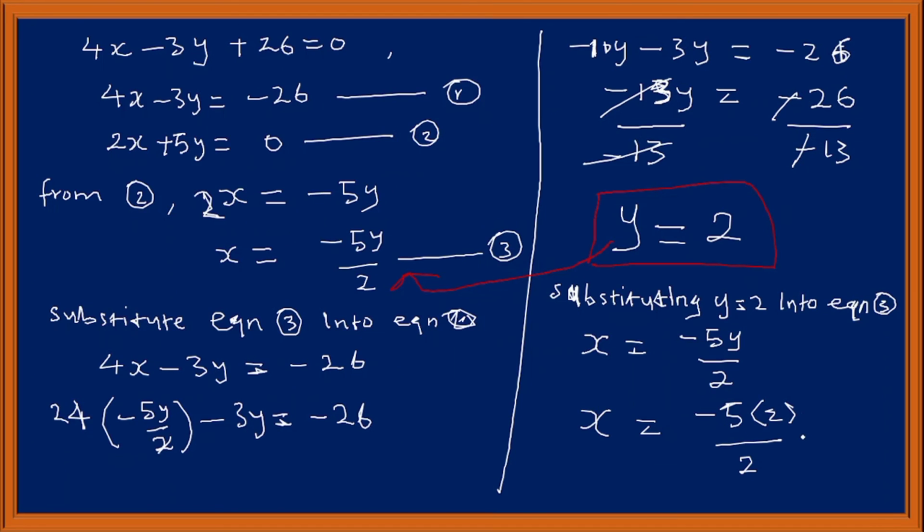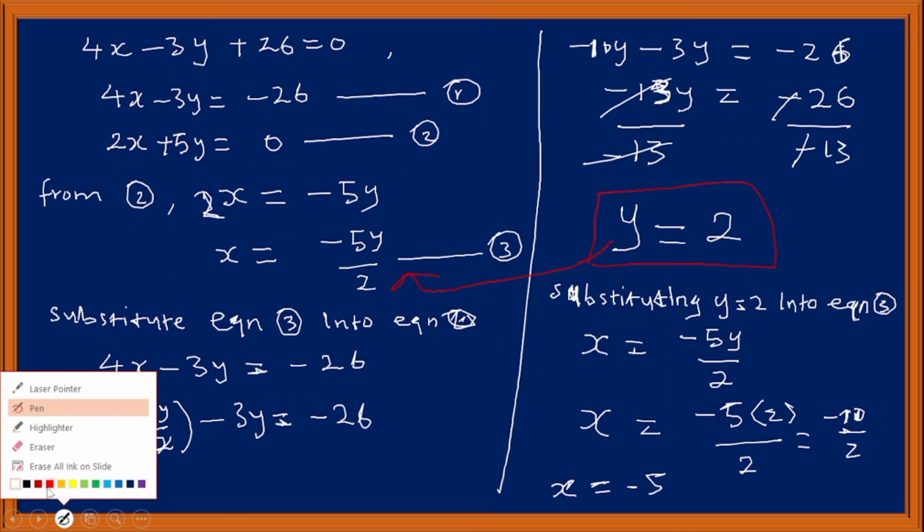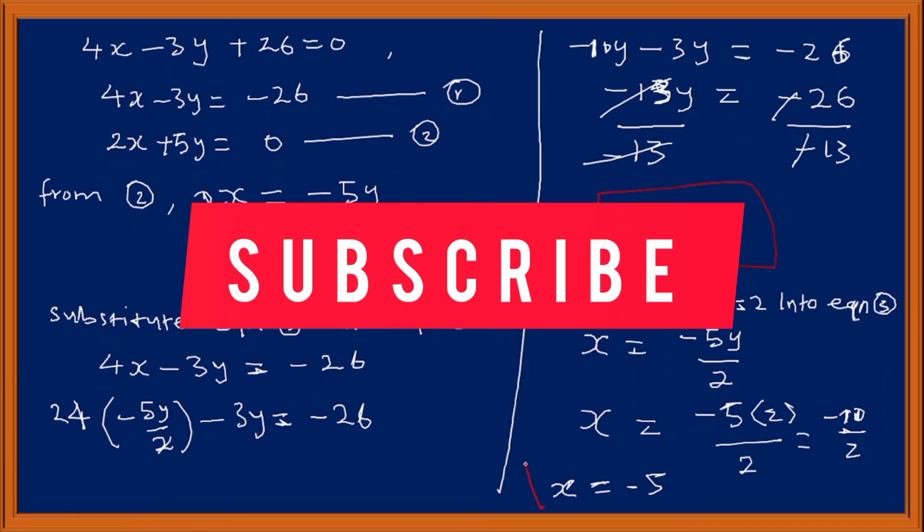This is negative 10 divided by 2. That will give me negative 5. So x is equal to negative 5. So that's it. Very simple. If we solve that, we have that x is equal to negative 5.